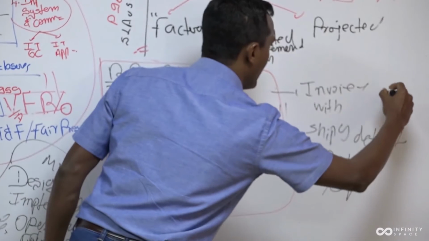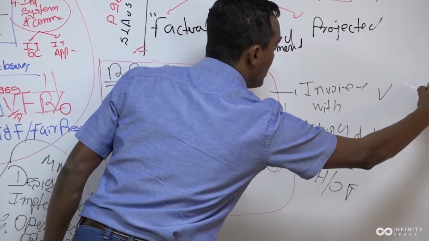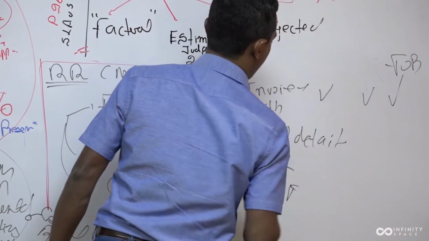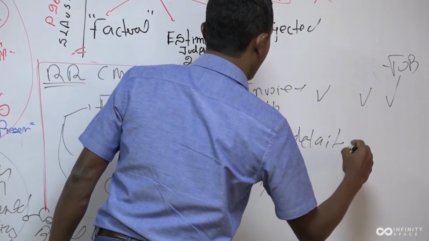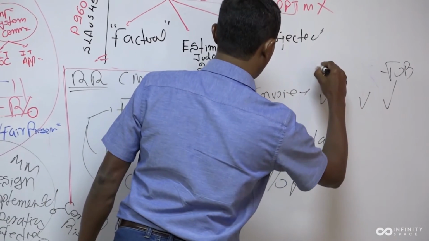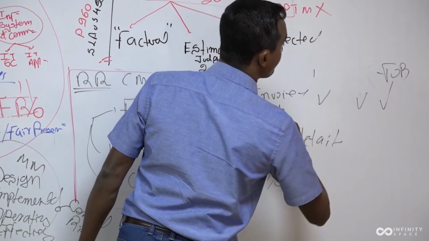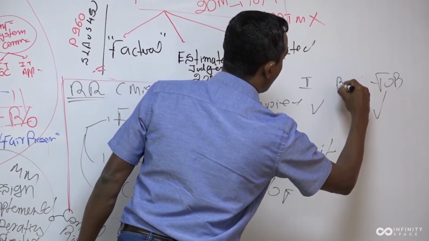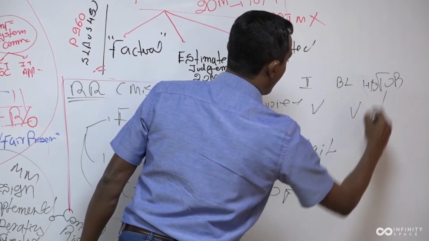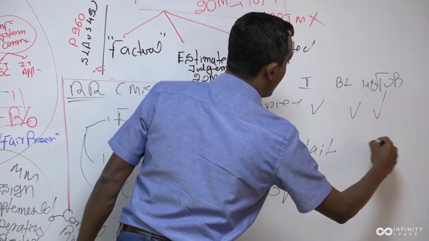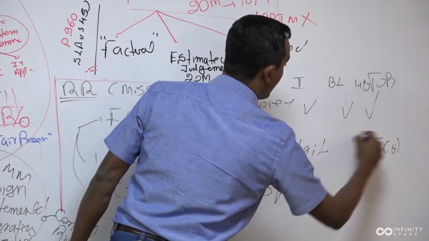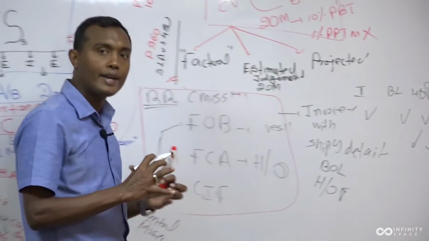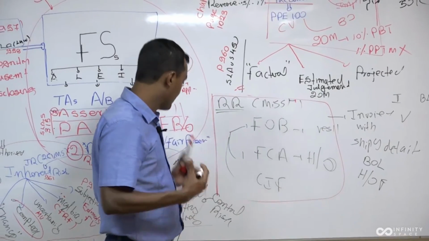Now you can easily match, for example, invoice done, bill of lading done, term is FOB, revenue recognition is done. If it is an FCA contract, you have another date. This is the invoice, this is the bill of lading, and there is another date called handover. There is another shipment that is done, the bill of lading is not raised but it is handed over, so revenue can be recognized. You know what I am trying to say? There is a reconciliation like this.